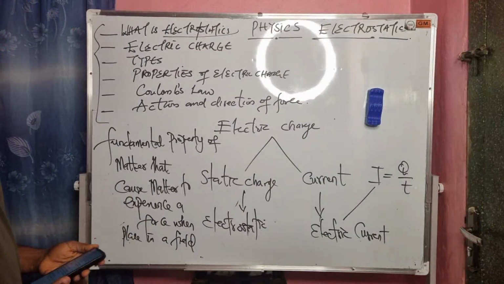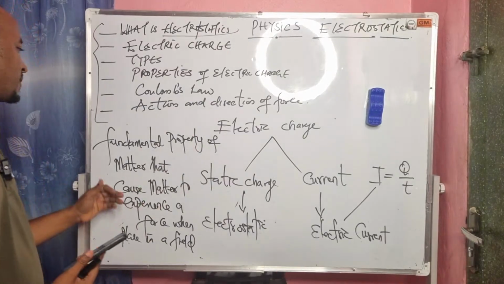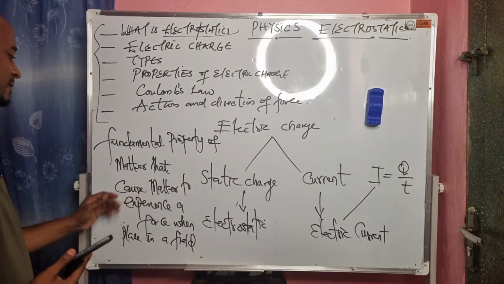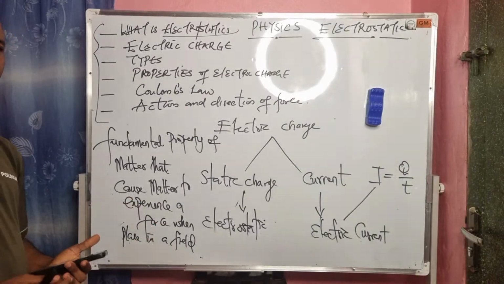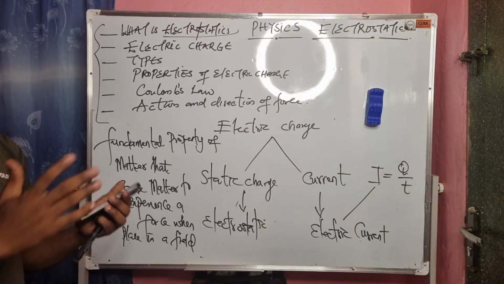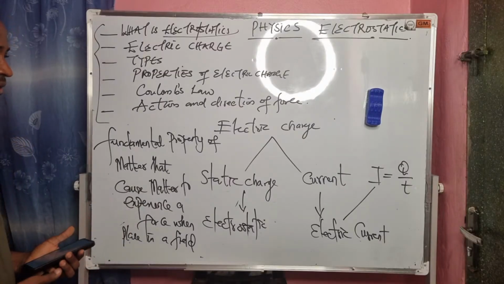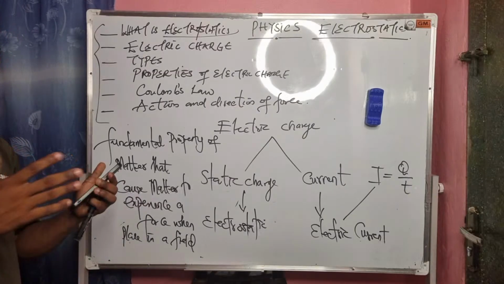All right. So when you hear the word electric charge, it simply means it's a fundamental property of matter that causes matter to experience a force when placed in a field, or when placed near a charged matter, or when placed in an electromagnetic field.